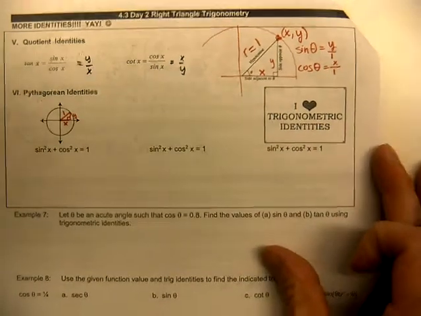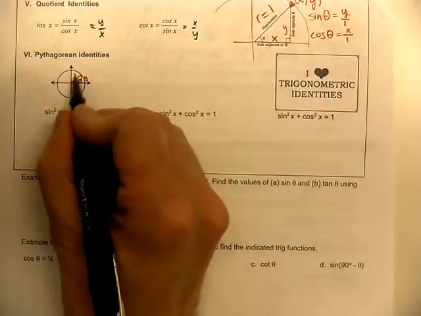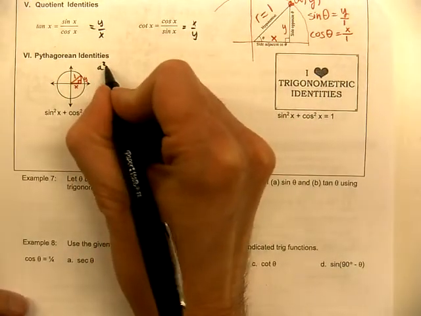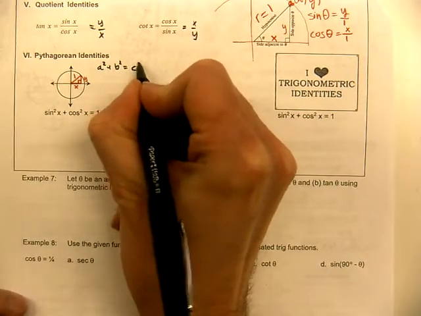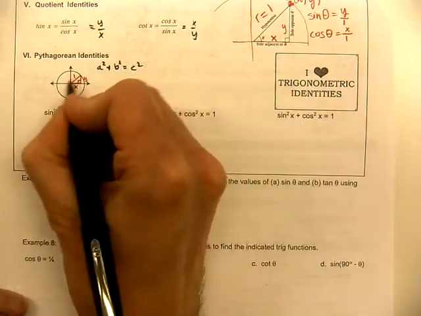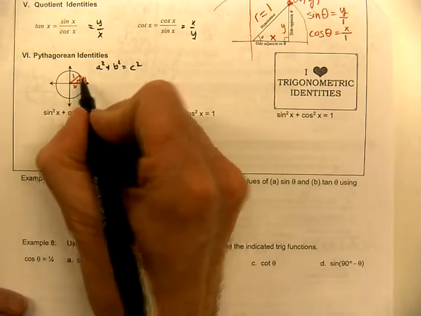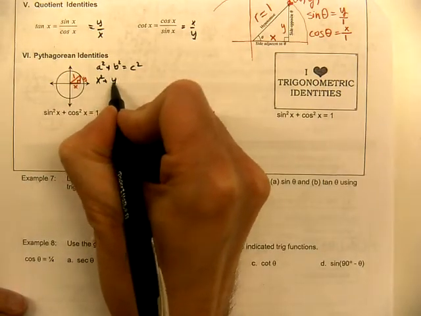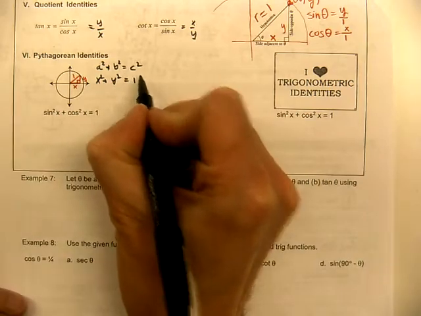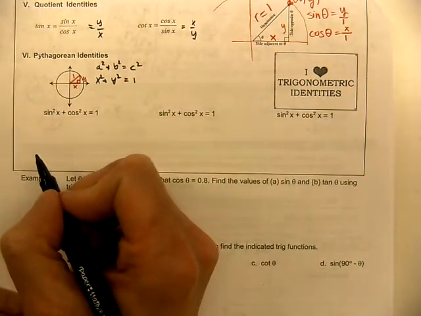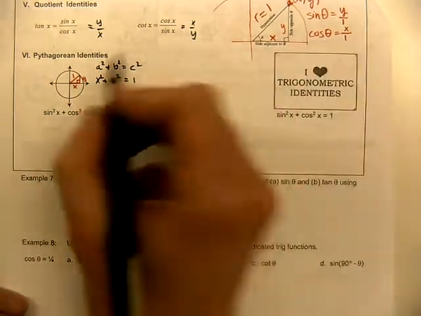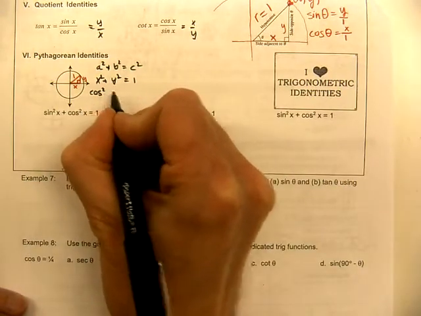Here we have our Pythagorean theorem represented with this right triangle, right? So you think of that as a squared plus b squared equals c squared. The c squared being the hypotenuse, which is a length of 1 when we have that unit circle. Let's call these sides x and y, so x squared plus y squared equals 1 squared. But again, if x is associated with cosine, then we have a cosine squared.